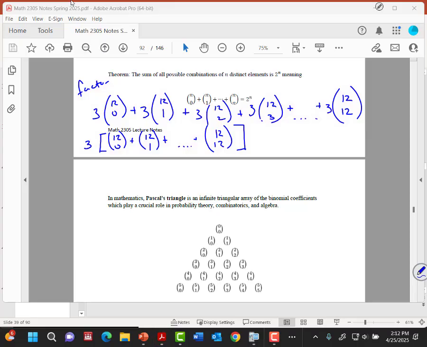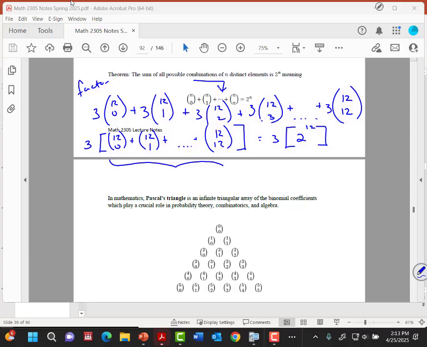Well, my claim is this. Using this little theorem right here, n choose 0 plus n choose 1 all the way out to n choose n is simply 2 to the n. So this right here, this 3 still stays factored out, sums up to be 2 to the power of 12.